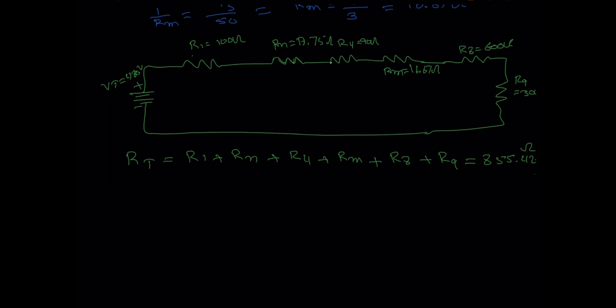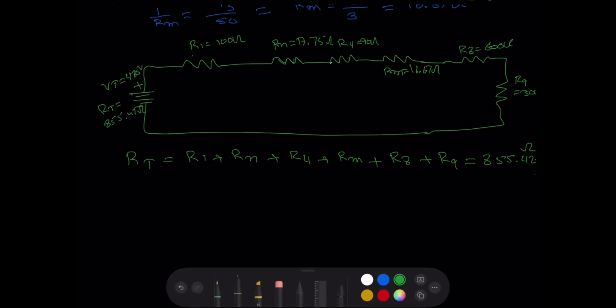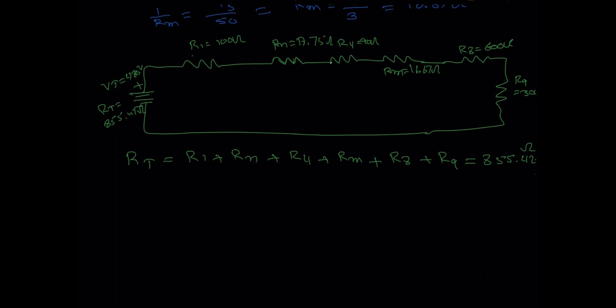Okay, so we have RT also, 855.42 ohms. Now let's find IT, or total current. IT will be equal to VT over RT. VT is 480 volts and RT is 855 ohms.